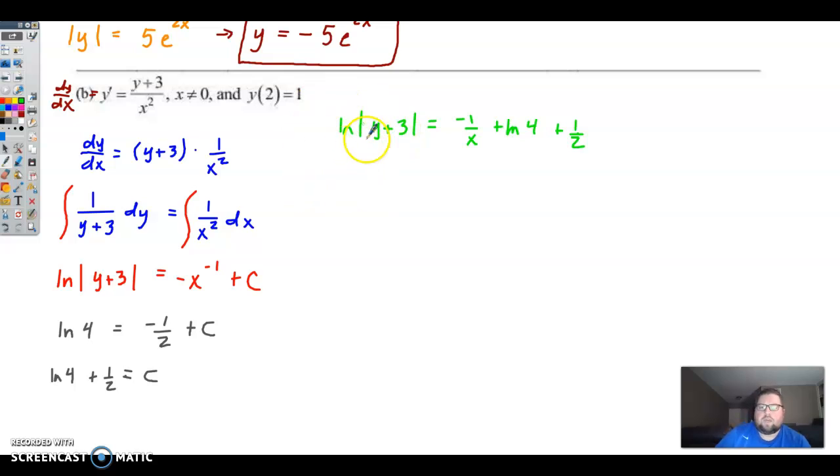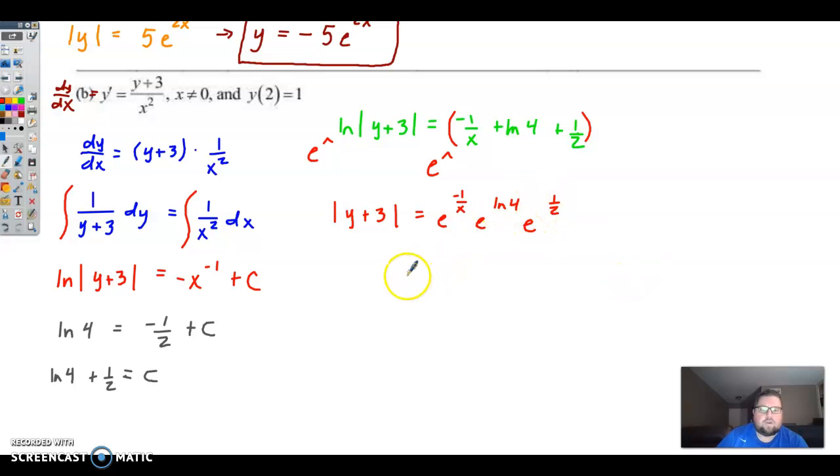All right, so we are now going to get rid of our natural log. So we're going to make this a power of e. And so over here, this whole thing, all 3 terms, become a power of e. All right, so we're left with an absolute value of y plus 3. All right, and so this is going to basically become 3 different e's. We're going to have e to the negative 1 over x, e to the natural log of 4, and e to the 1/2.